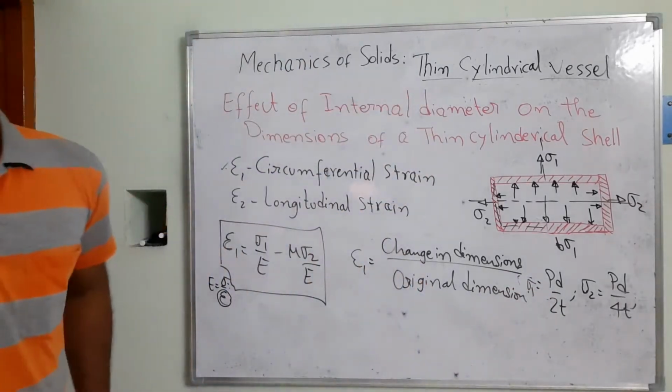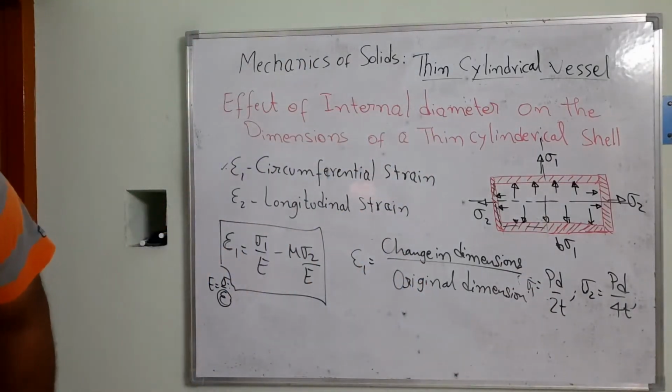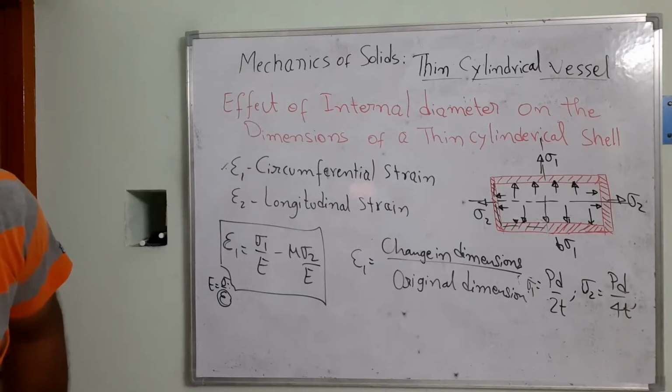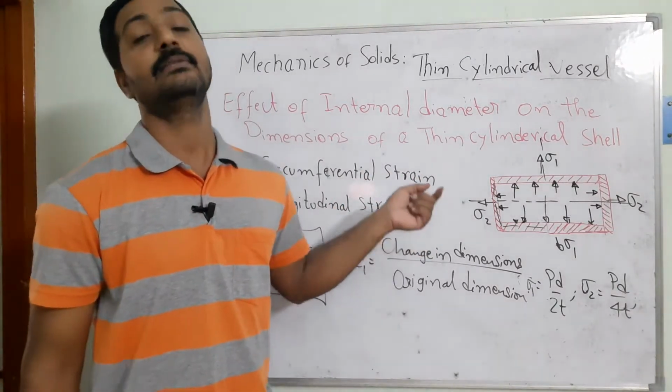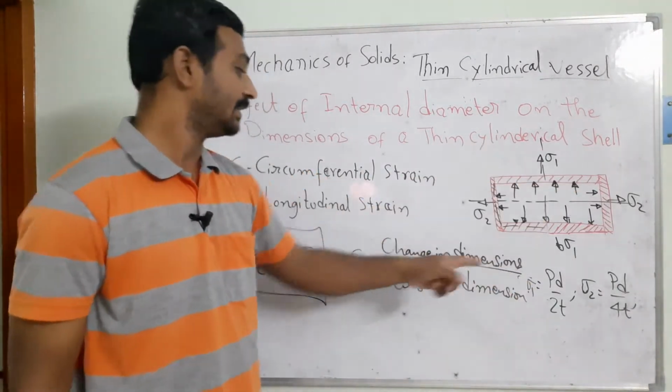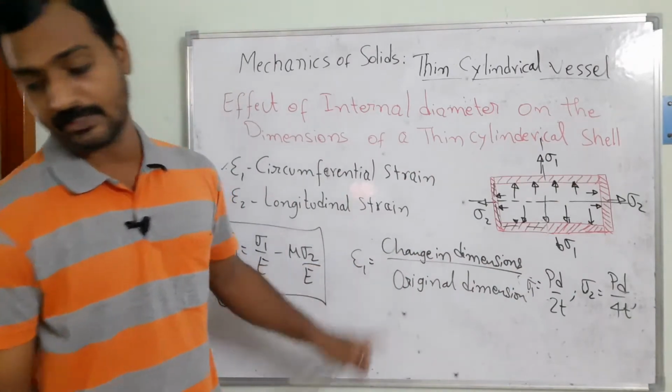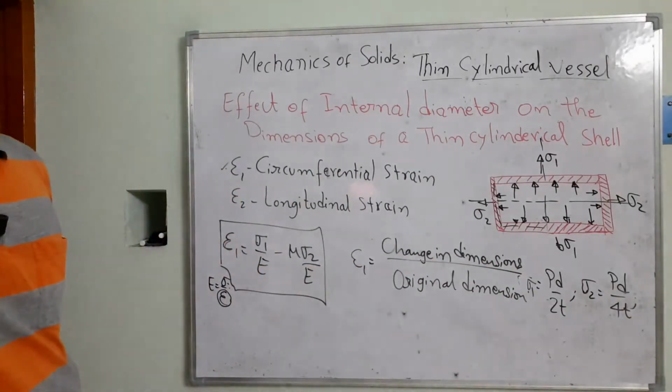So in this case, which do we need to take? Here we need to take the circumferential. Change in dimensions means we write the final dimensions minus the original dimensions, then only will we get the change in dimensions. So that I am going to take over here.